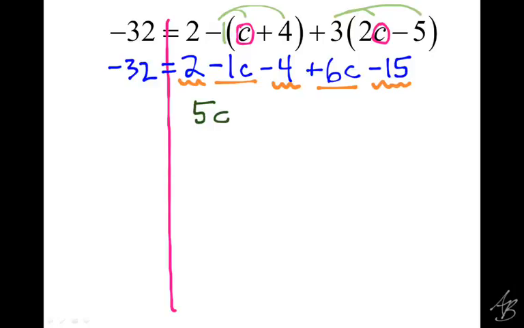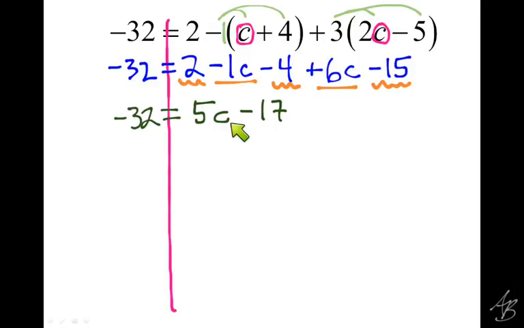So let's just do them 2 at a time here. 2 minus 4 is going to give us -2, and then -2 minus 15 is going to give us -17. So combining all 3 of those together, we get -17. On the other side, we have our -32 still.